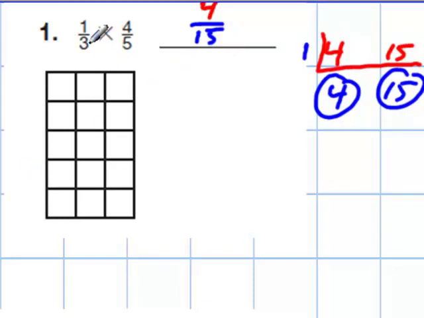Let's first take a look at our denominators. So if we say it's 3, let's go over 3. 1, 2, 3. And we're saying that the other denominator is 5. So we went over on the x-axis. Now we're going to go up on the y-axis. 1, 2, 3, 4, 5.